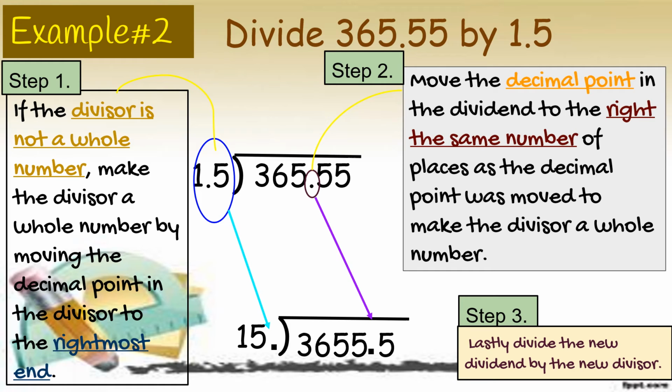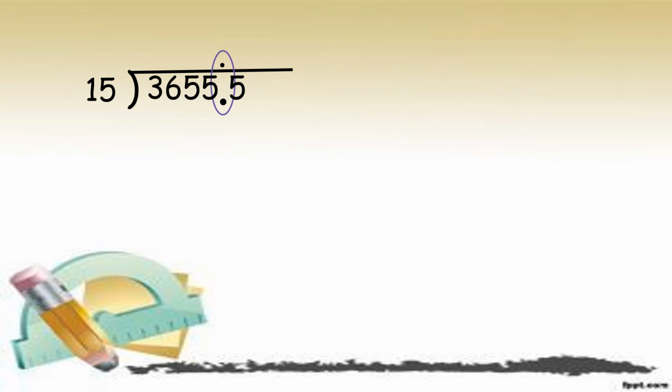Step 3, lastly, divide the new dividend by the new divisor. 3655.5 divided by 15. So, we will position the point the same as in the dividend. Let us divide. 36 divided by 15 will have 2.